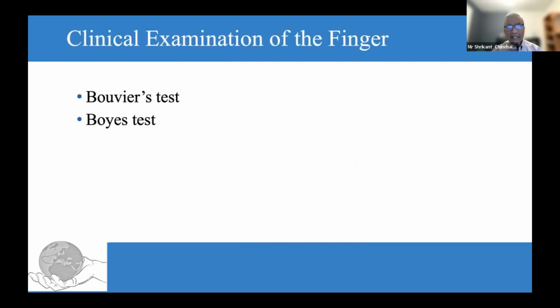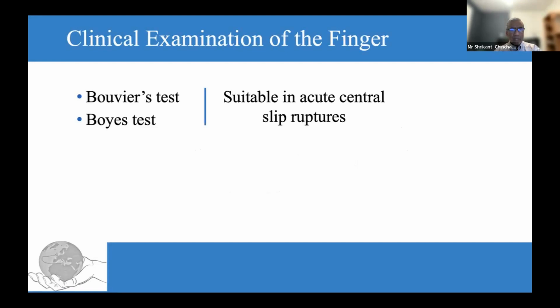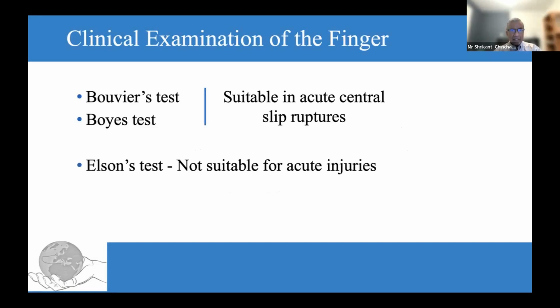From the clinical examination point of view, Boyes' test is most appropriate in central slip rupture, especially when the injury is acute. The Elson test is not suitable for acute injuries. The reason being that if you are pressing on the middle phalanx to assess whether the central slip is intact or not, it is quite likely the tendon may not have completely ruptured or avulsed from the site of its insertion.